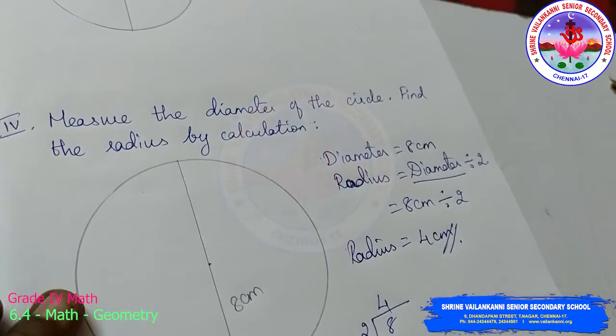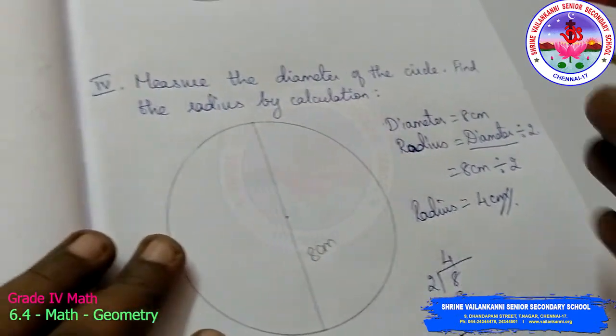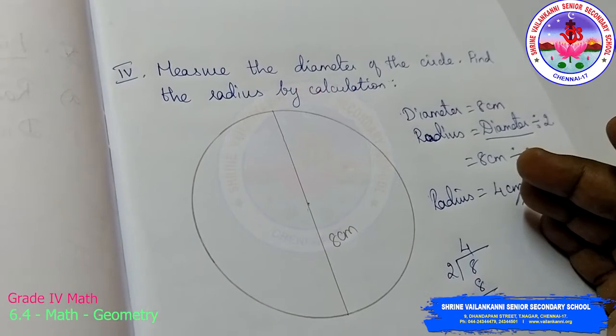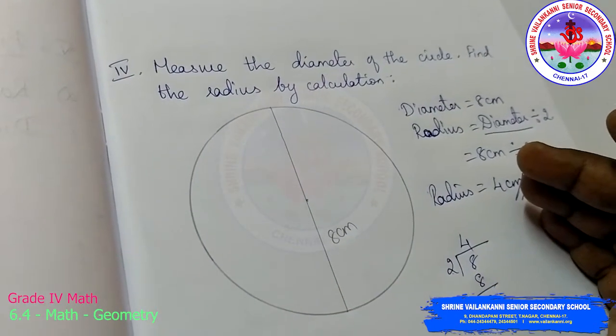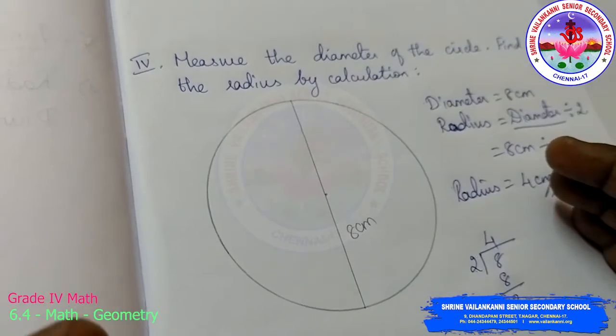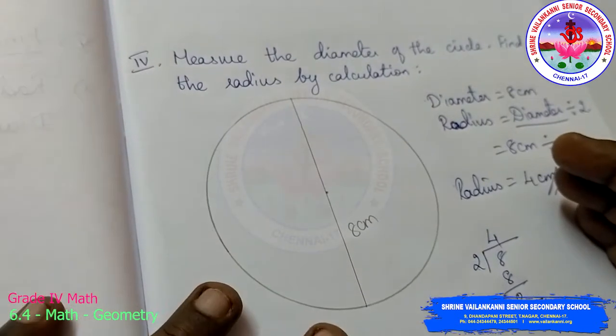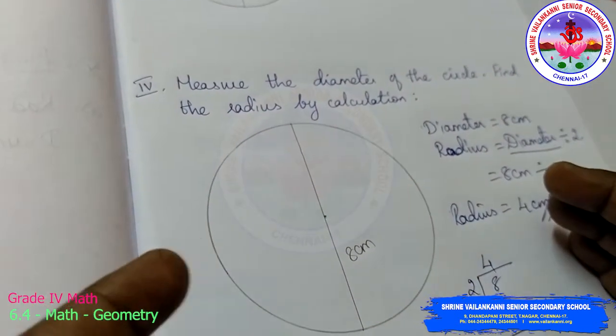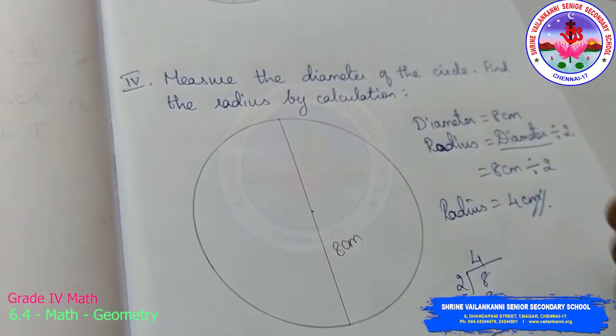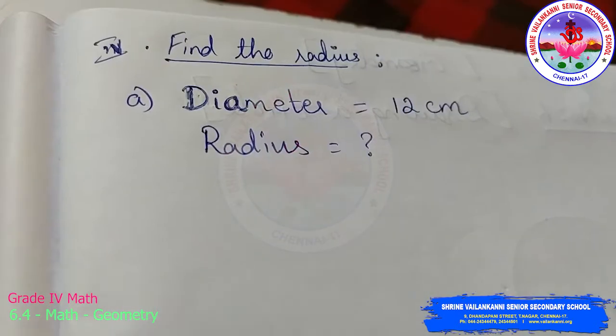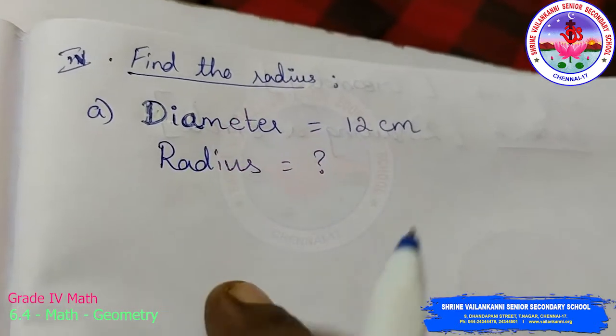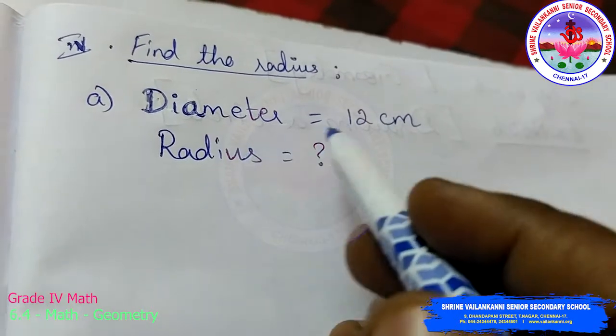We will see one other way, where they give directly the measurement of the diameter or the radius. Using the same formula you will find the diameter or radius. Here you can see, find the radius.